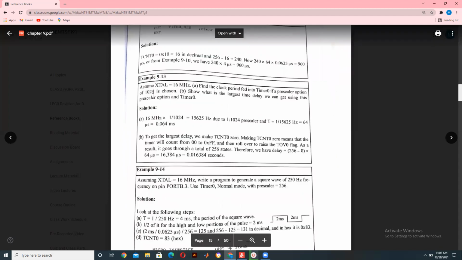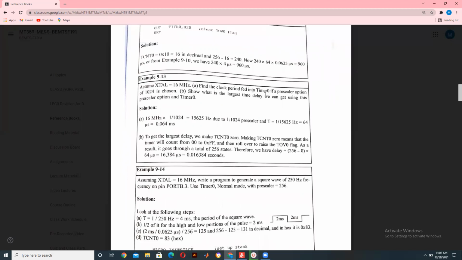After that, assume that XTAL is 16 MHz. Find the clock period fed into the timer if the prescaler option of 1024 is chosen. Show that the largest time delay can be obtained using this prescaler option and Timer0.